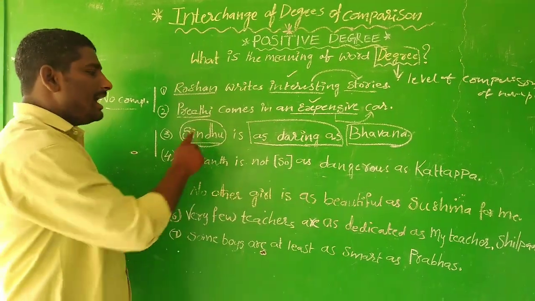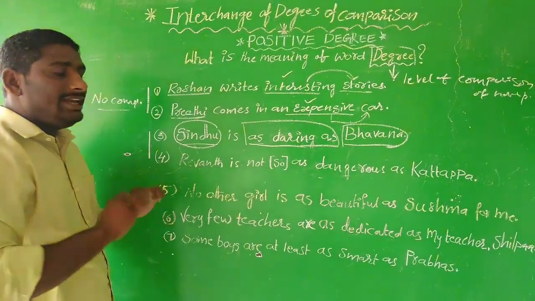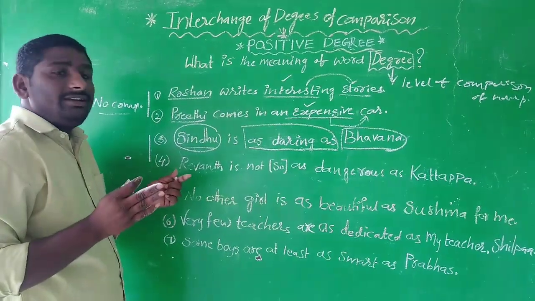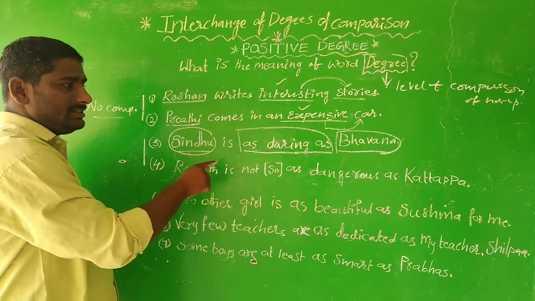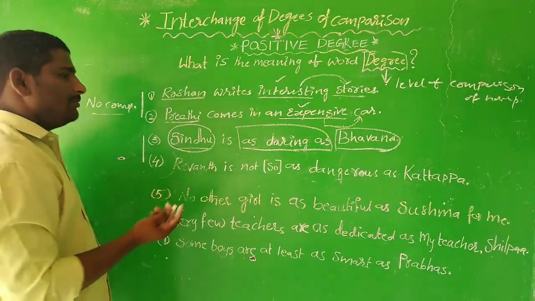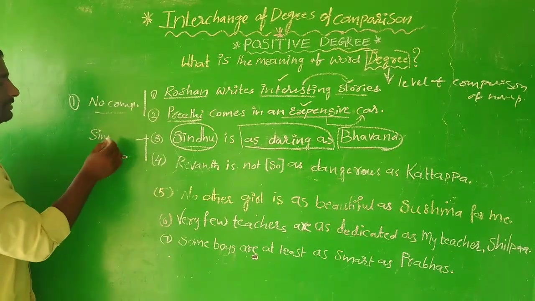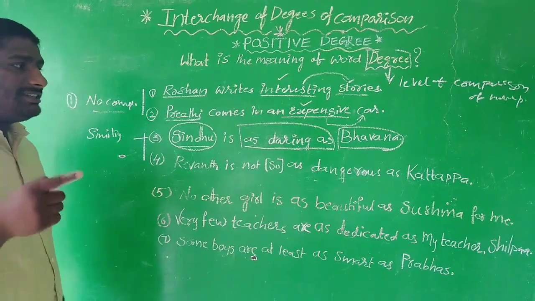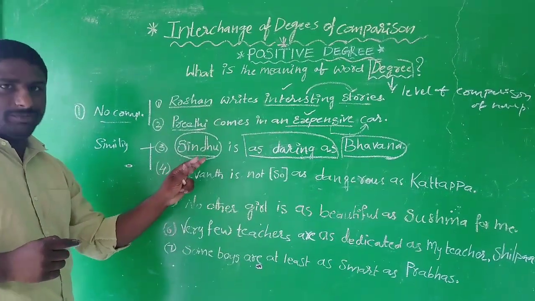Both have equal daring quality, so the comparison takes place between two equals. This is one category of comparison.